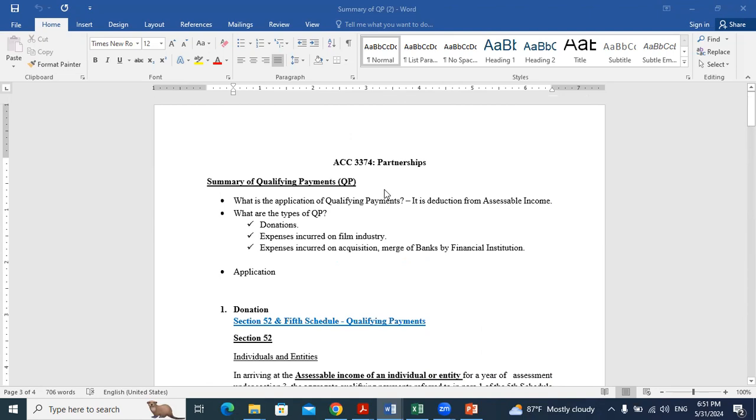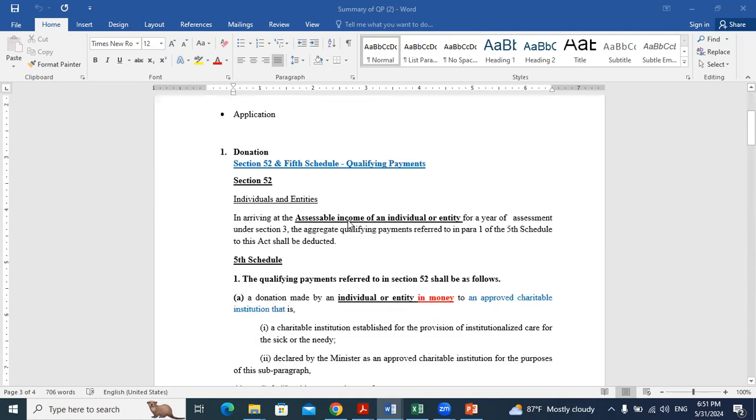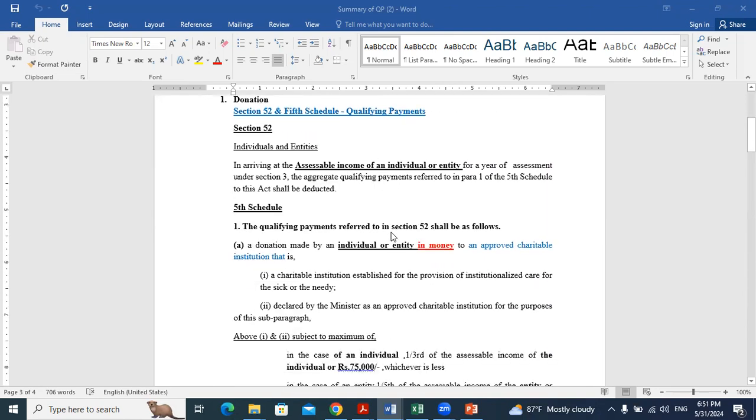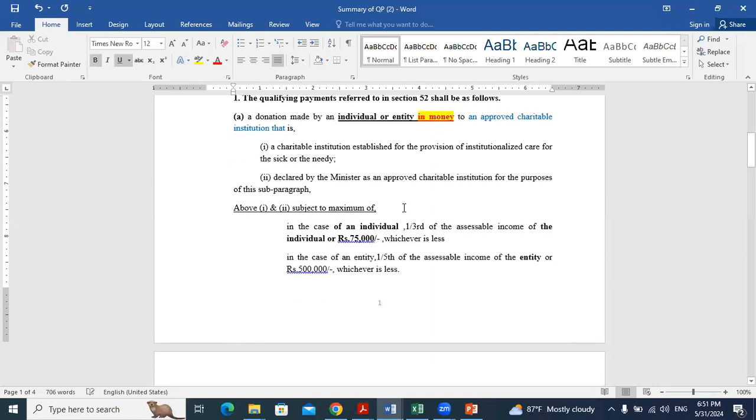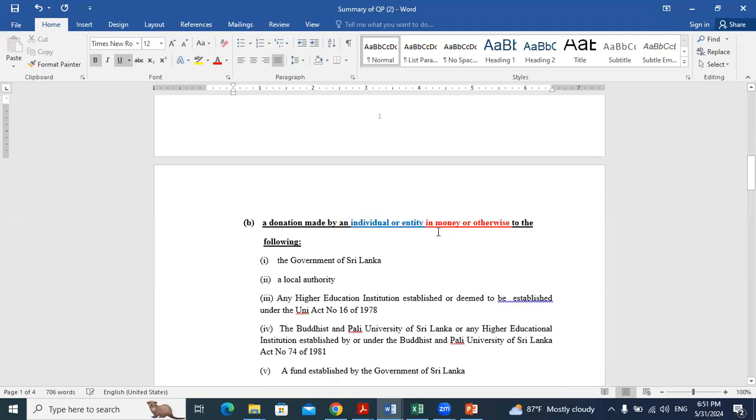What you'll have to keep in mind is, for approved charity, donations made to an approved charity by an individual or an entity must be in money. This is very, very important. The second one is in money or otherwise.